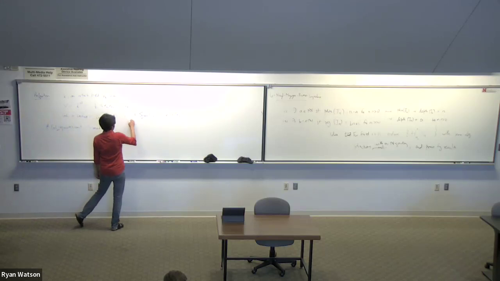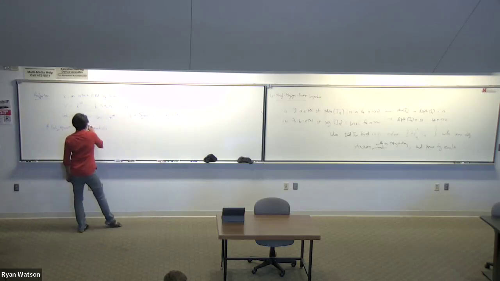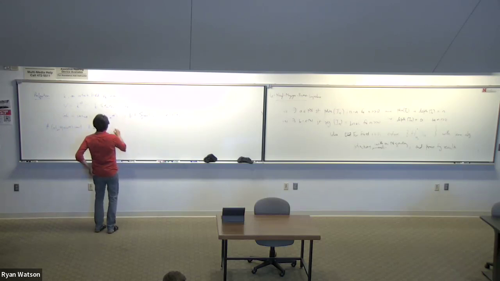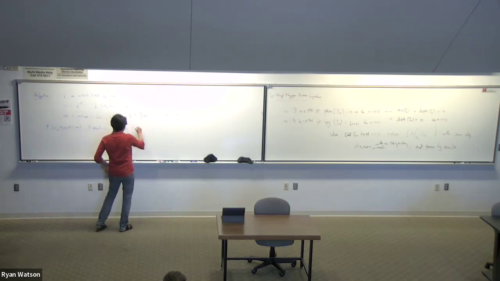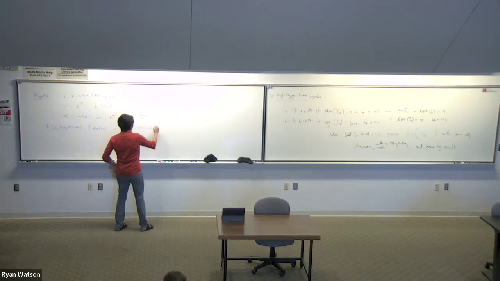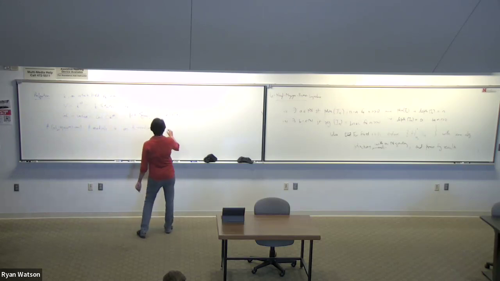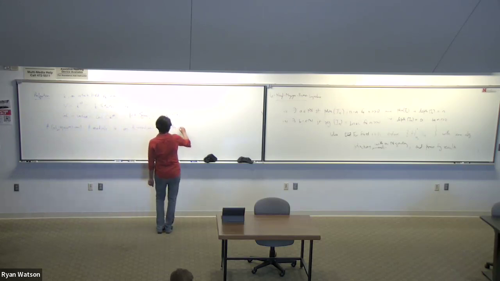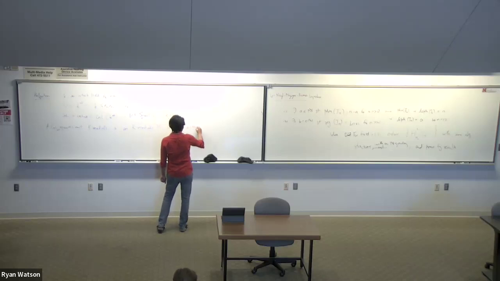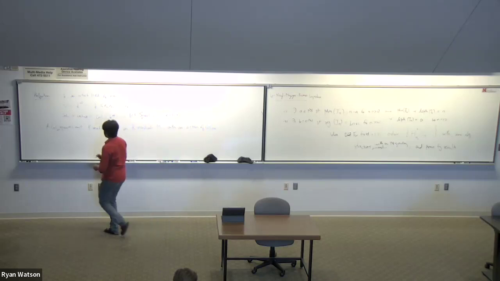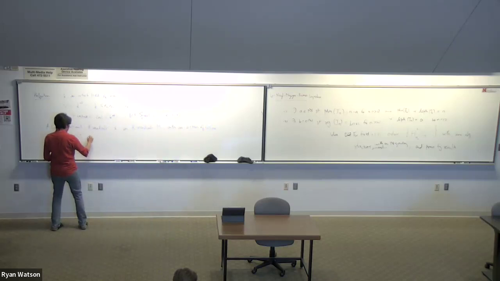Oh, R, because I used R before. A GL equivariant R module is an R module in the ordinary sense with an action of GL infinity, such that two conditions hold.